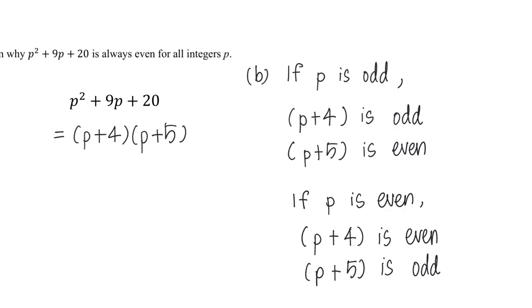Now that we have considered the odd and even, let's look at the first case. So when p is odd, we will have this situation. And what is the product when you have odd times even?